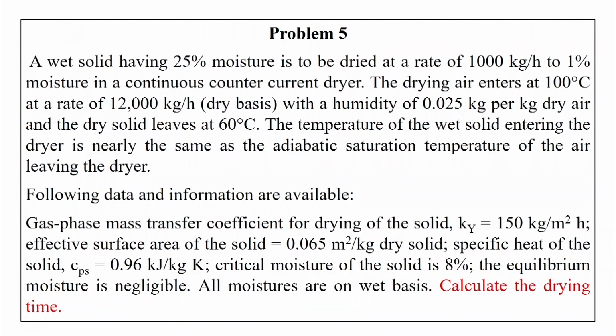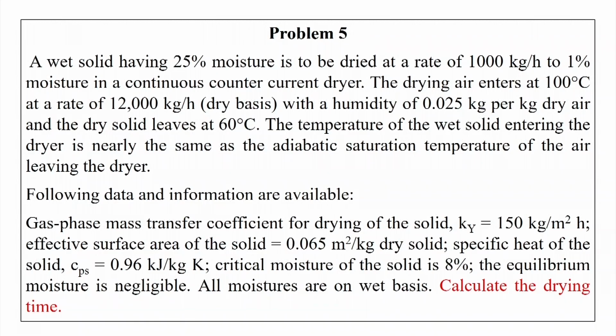The drying air enters at 100 degree Celsius at a rate of 12,000 kg per hour dry basis with a humidity of 0.025 kg per kg dry air, and the dry solid leaves at 60 degree Celsius. The temperature of the wet solid entering the dryer is nearly the same as the adiabatic saturation temperature of the air leaving the dryer.